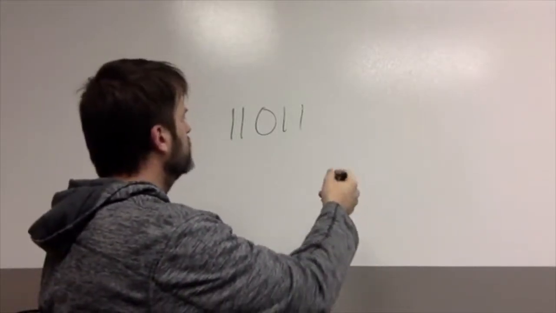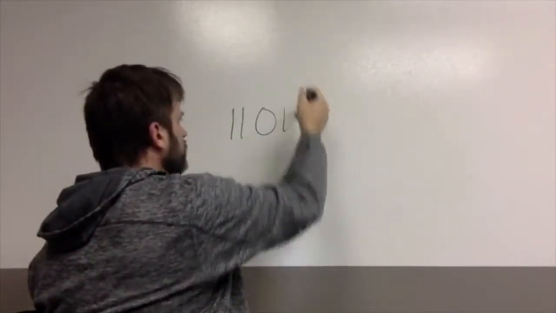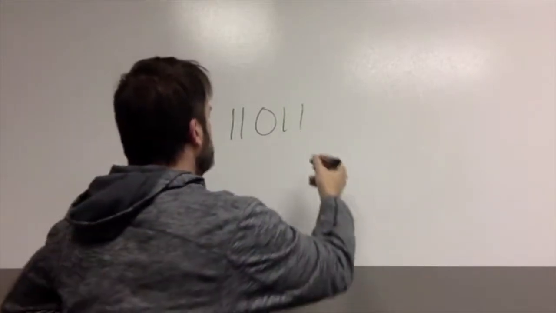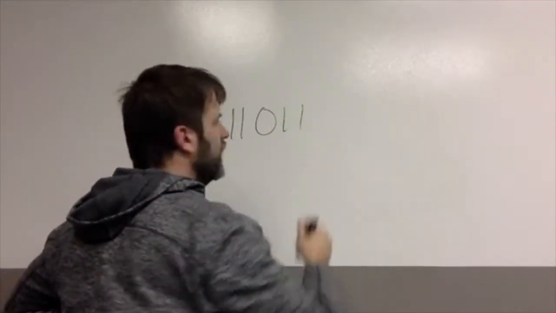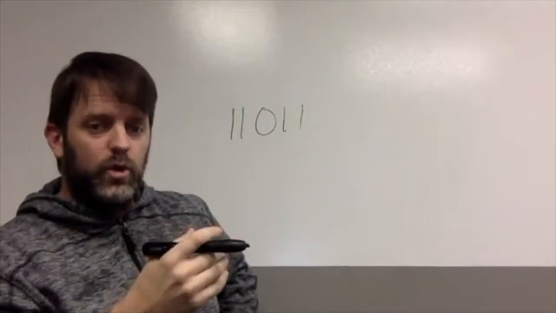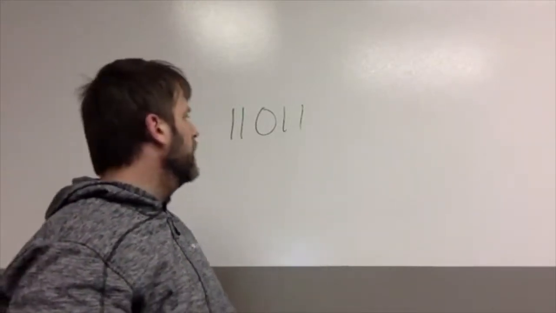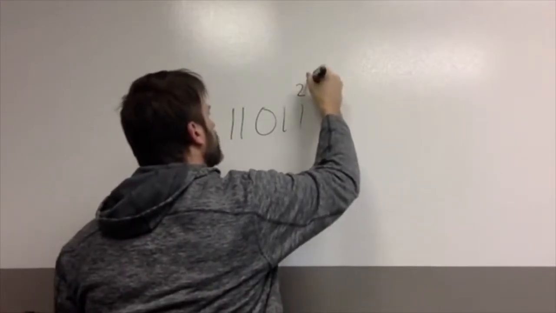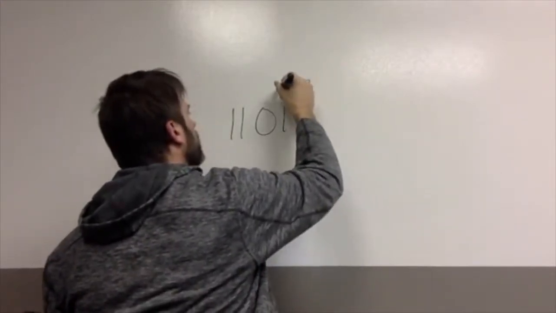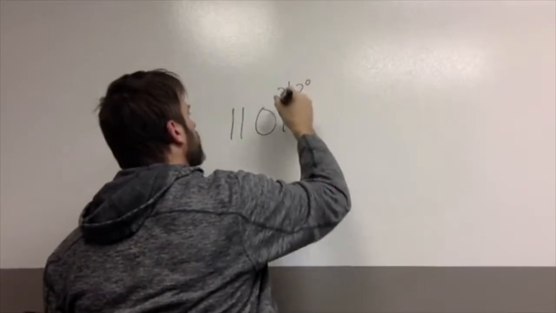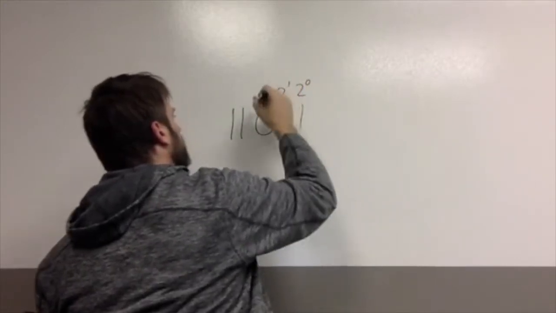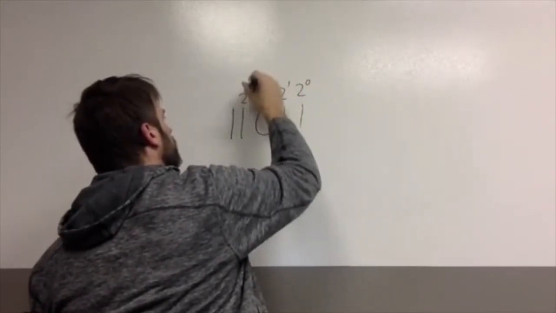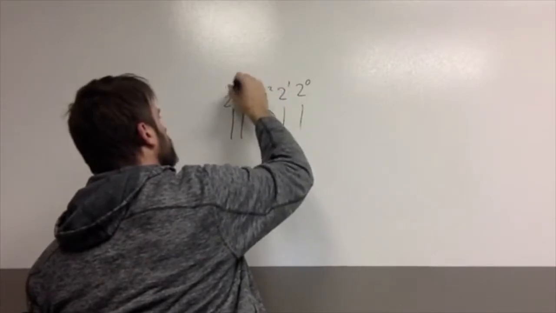What you would look at is, each of these is a value of 2 to a certain power. In other words, this first place is 2 to the 0 power. This is 2 to the 1 power, 2 to the second power, 2 to the third power, 2 to the fourth power.